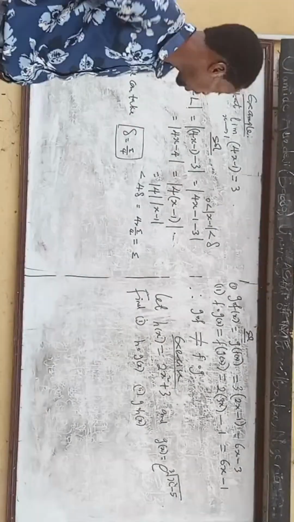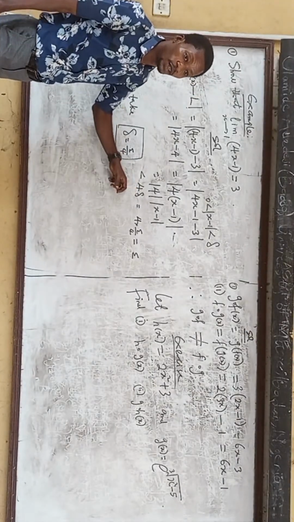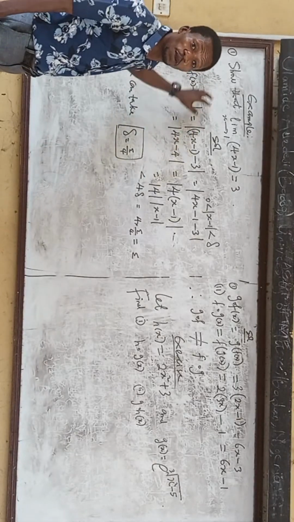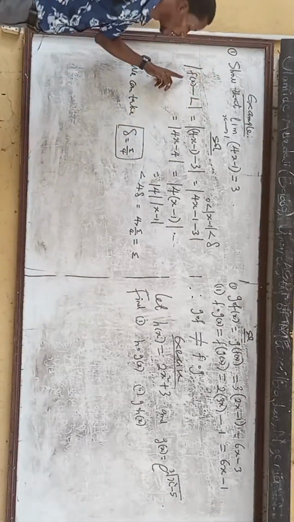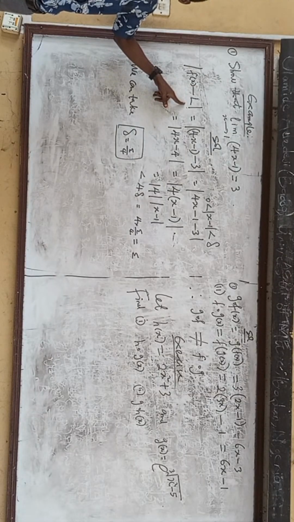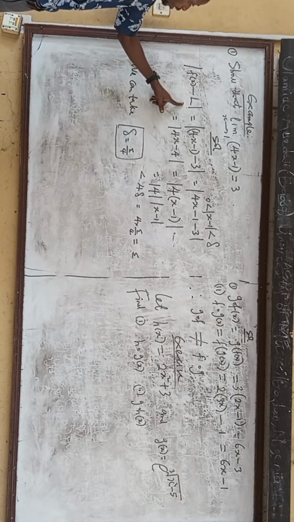It's just from where? From here? From this place? From up. F of x minus L from our definition. What's our f of x?